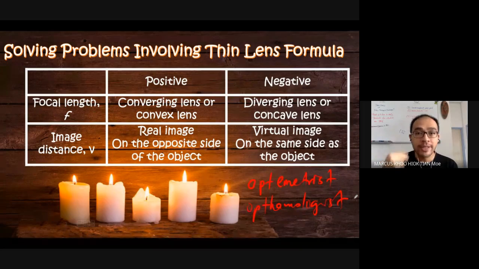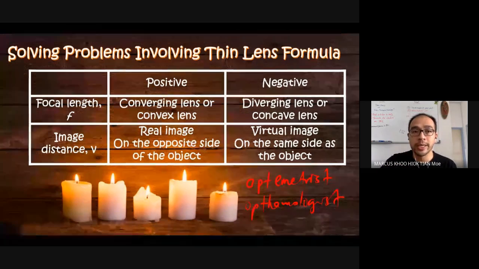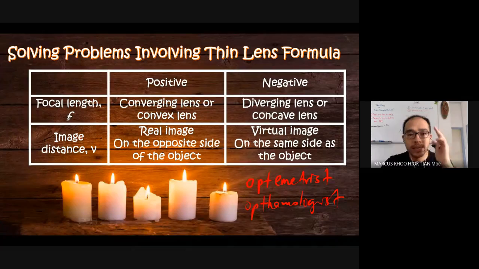A convex lens is used to fix one problem. Sorry, I cannot remember, but you can search this. And a concave lens is used to fix another problem. So the positive and negative numbers are very important because they tell us what kind of lenses we are using, for F. Secondly, the image distance.